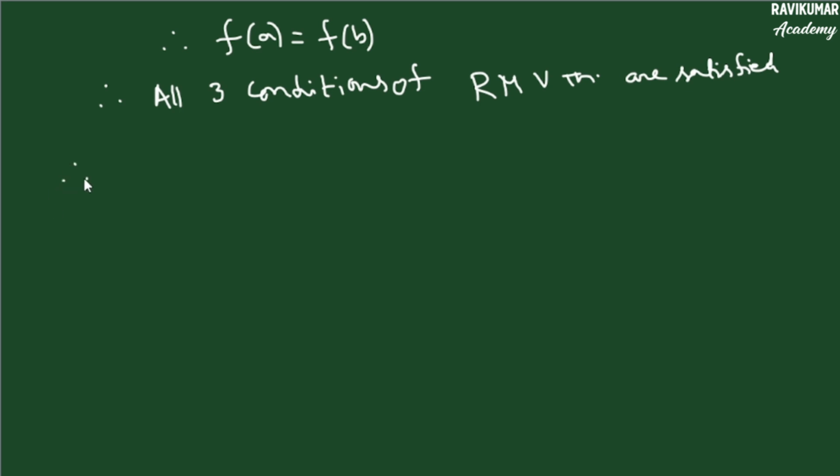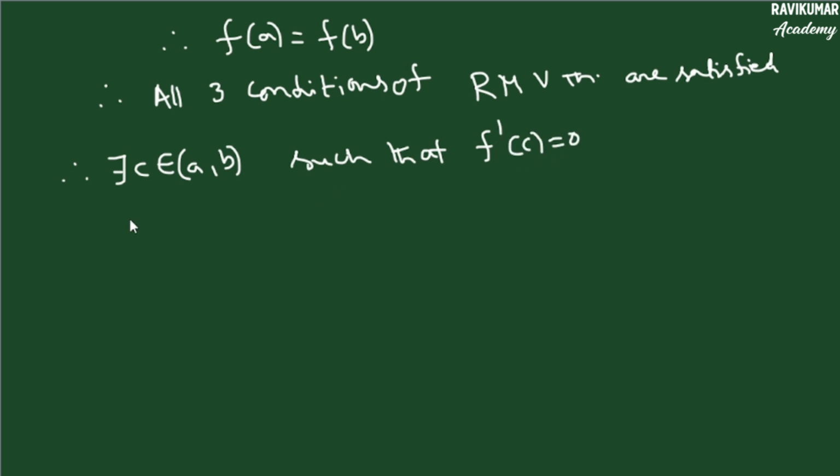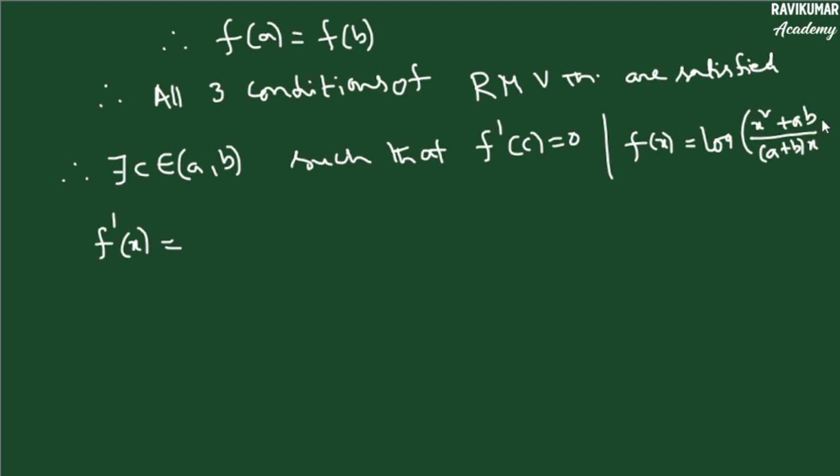So therefore, there must exist a c in the open interval a and b such that f dash c is equal to 0. So let us consider f dash c equal to 0. Before that, we must find f dash x. What is f of x? The function f of x is log of (x square plus ab) by (a plus b) into x.